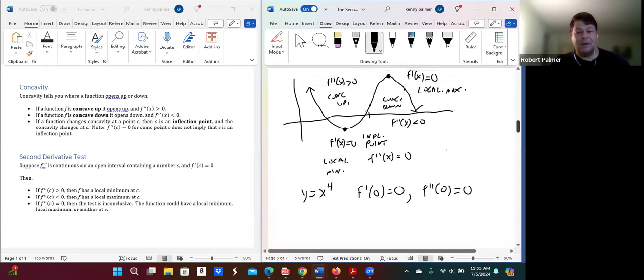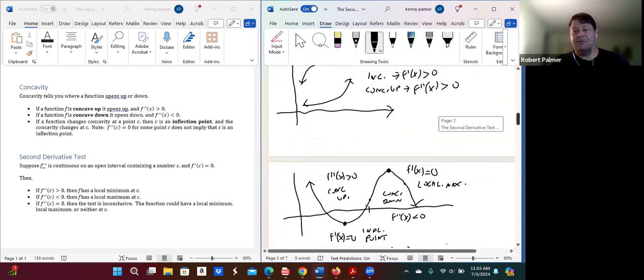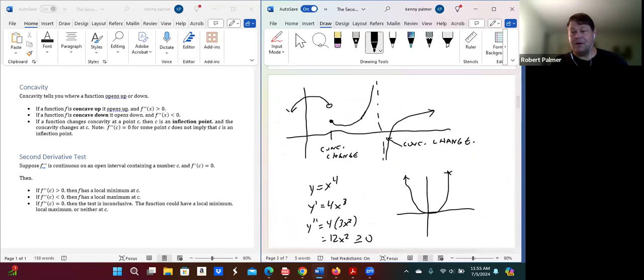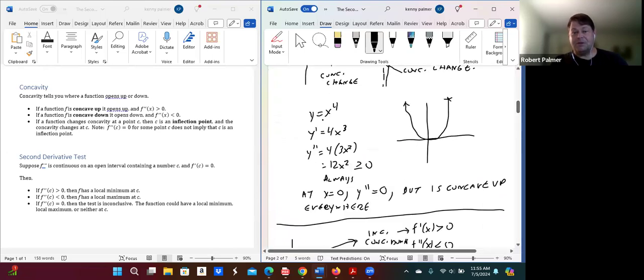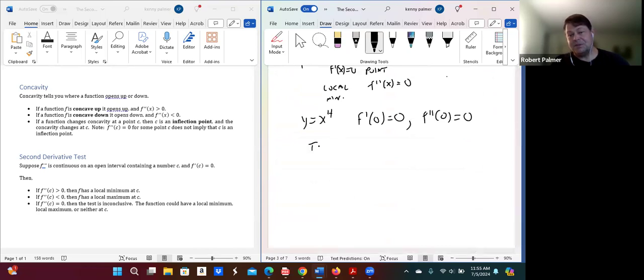So at that point, the second derivative is 0, there's no concavity there, and we can't tell what it is. You plug in 0 for your first and second derivatives, you get 0, and so the second derivative test itself doesn't tell us what that is.